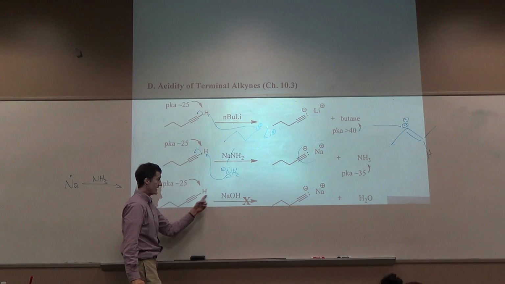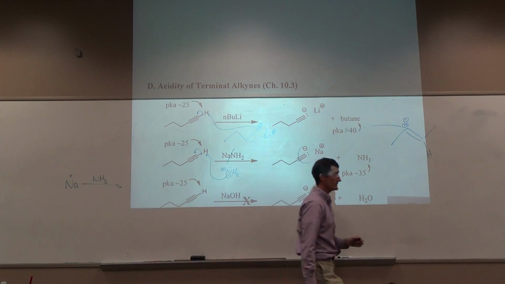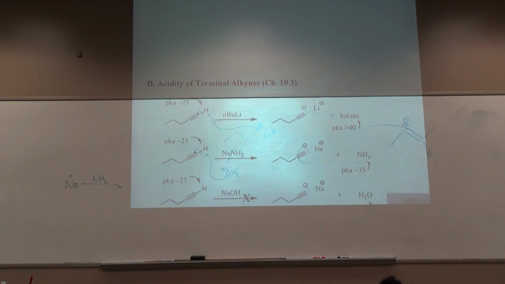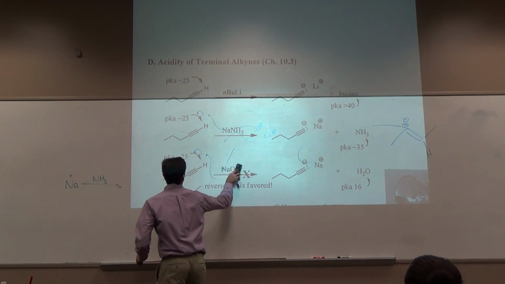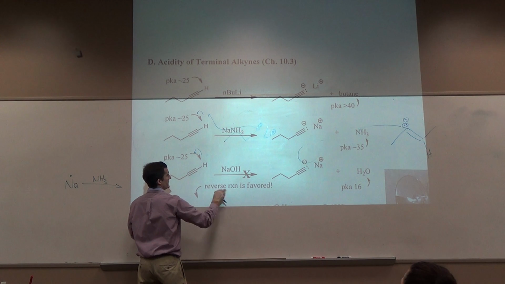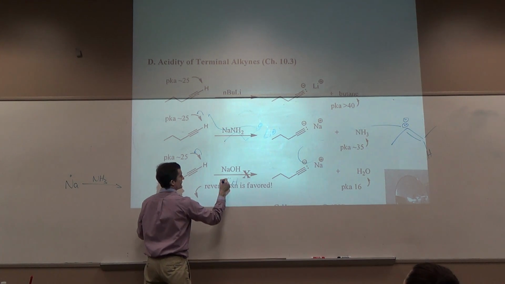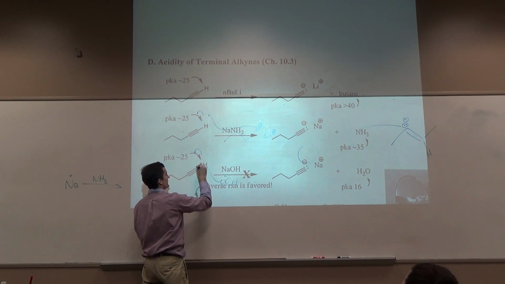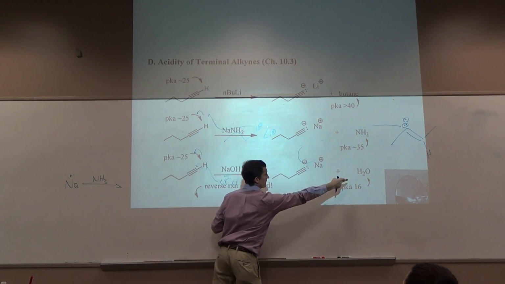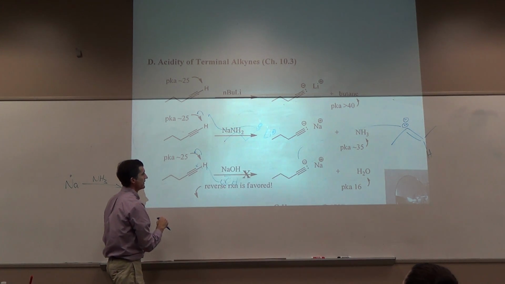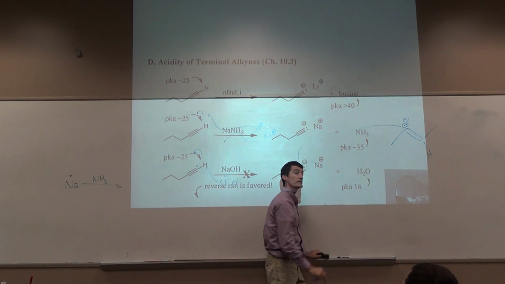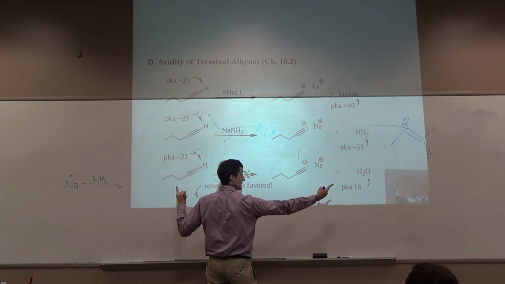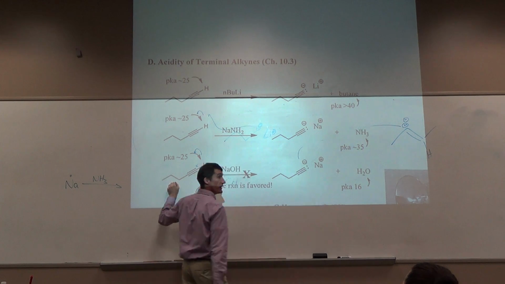Will sodium hydroxide do it? Well, apparently not. Big X there. But let's look at our pKa's and see why. Hydroxide takes that, leaves that behind, you get this plus water. This is 25, what's water? 16, which side's favored? 25.